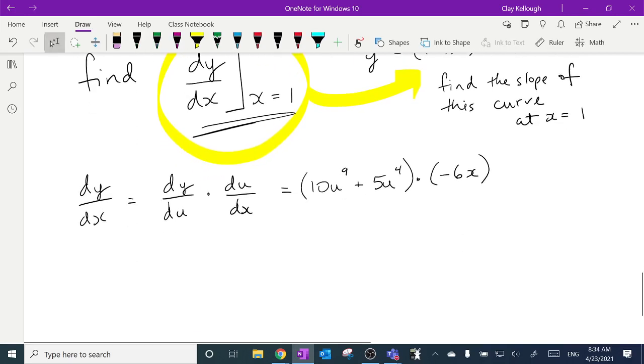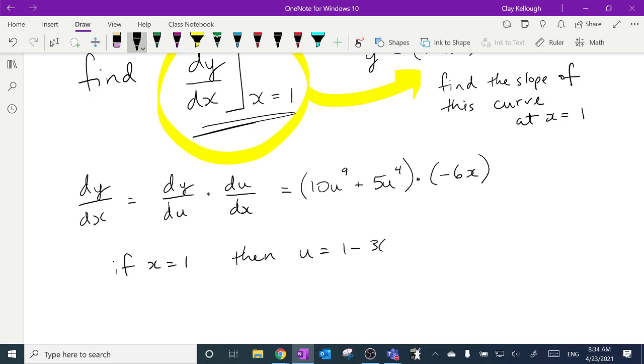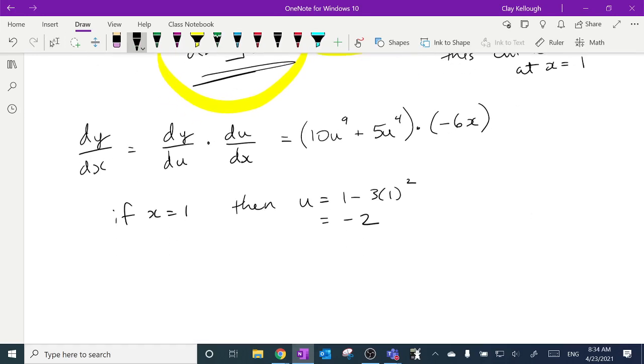So if x is equal to 1, then u is equal to, instead of 1 minus 3x squared, it's just 1 minus 3 times 1 squared, which is negative 2. And so I can take dy by dx, and instead of having to put in that binomial for the two u's in this expression, I can just put in the number, and it's much less work and fewer steps in my calculation that way.